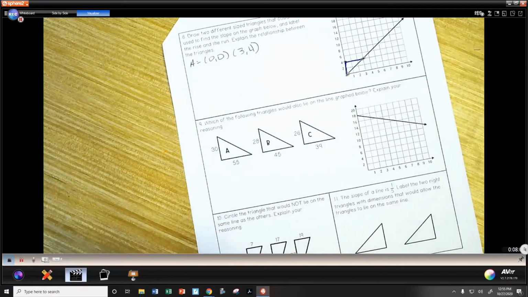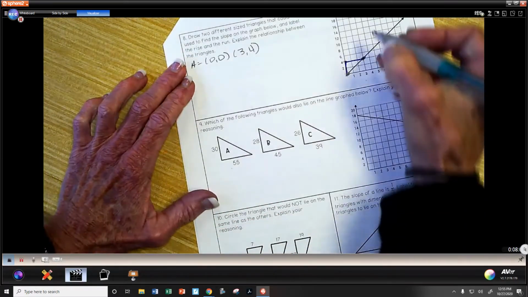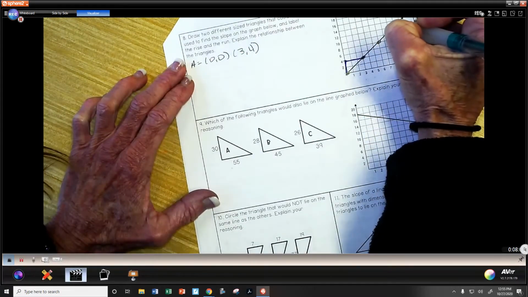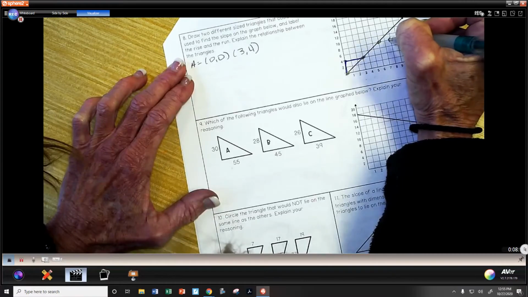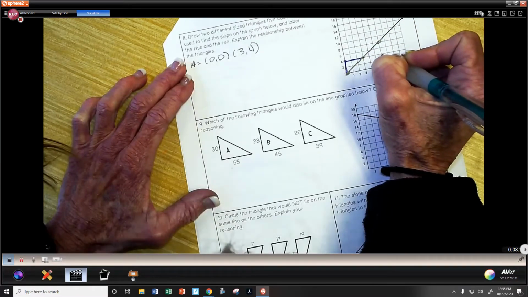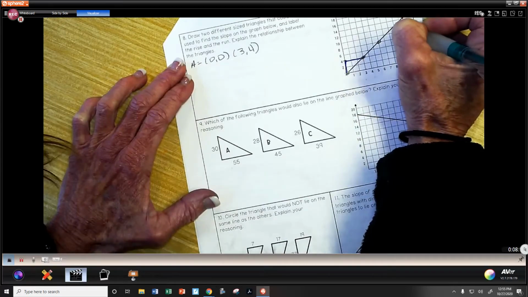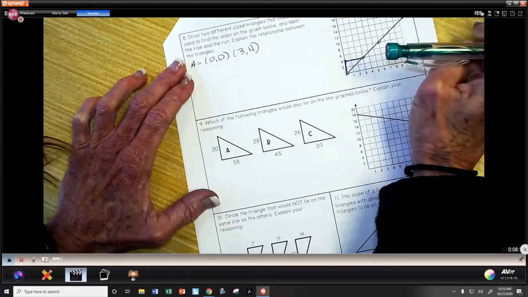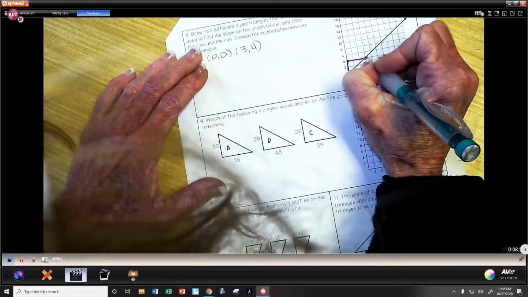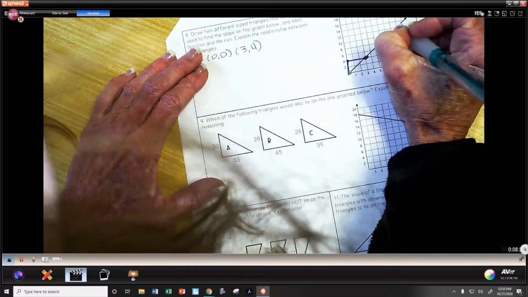Okay, then I'm going to pick another one. Maybe I will use this one and this one.